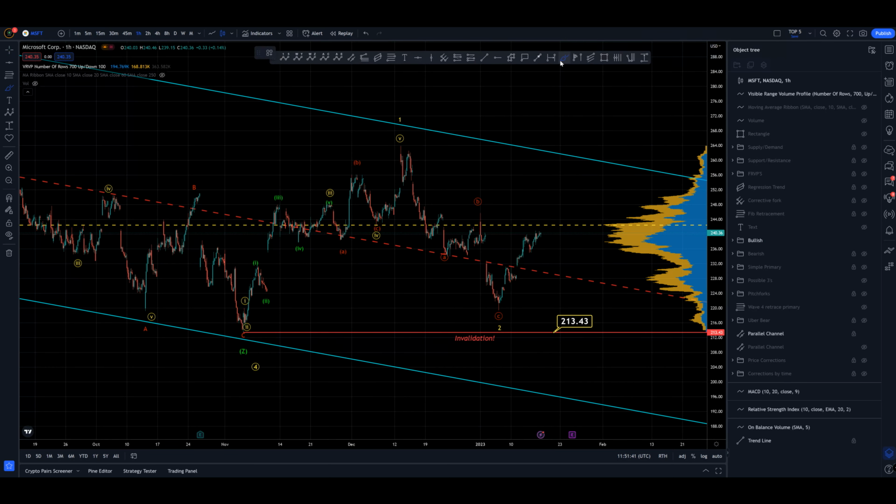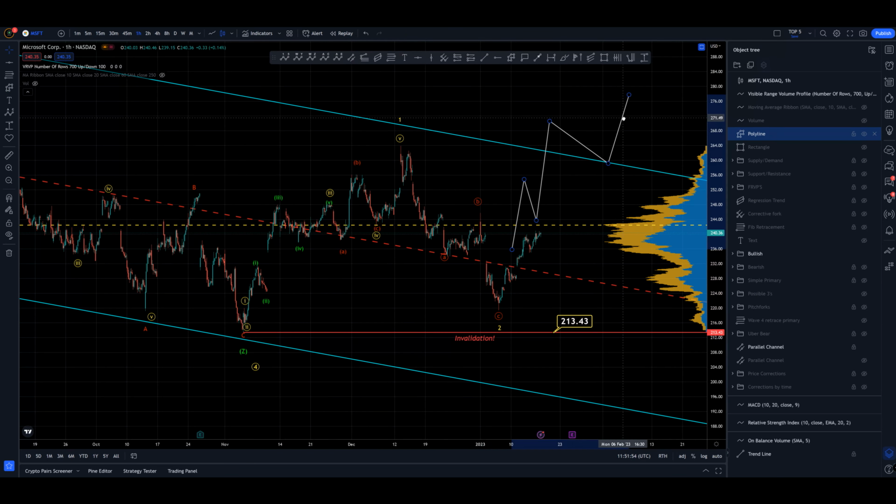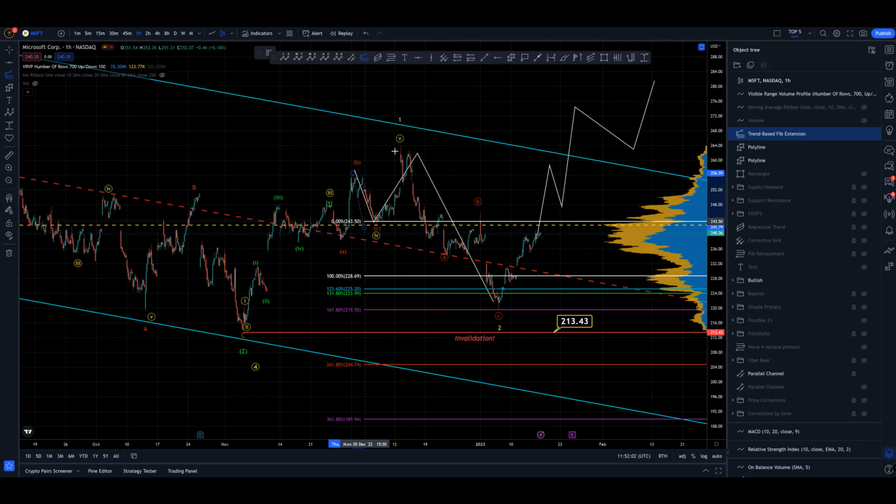So we can really only look at this a couple of ways. We can either say 1, 2, 3, 4, 5, and that's your impulse, not particularly attractive. From there you get A, B and 5 waves down and a C. Well, this becomes highly expansive as a flat.